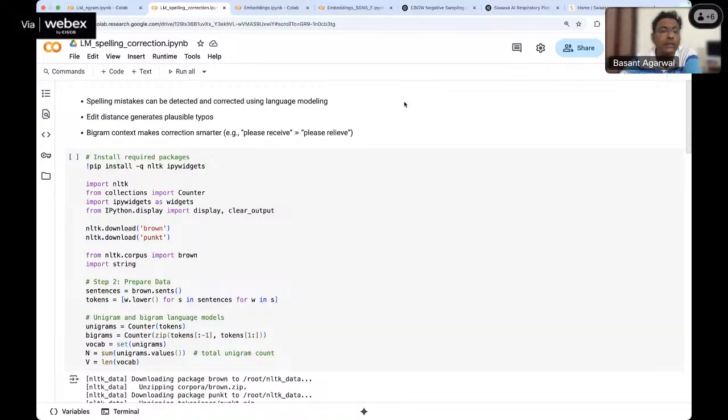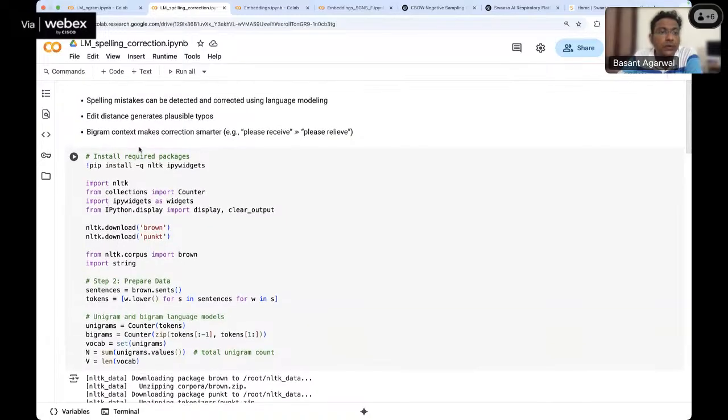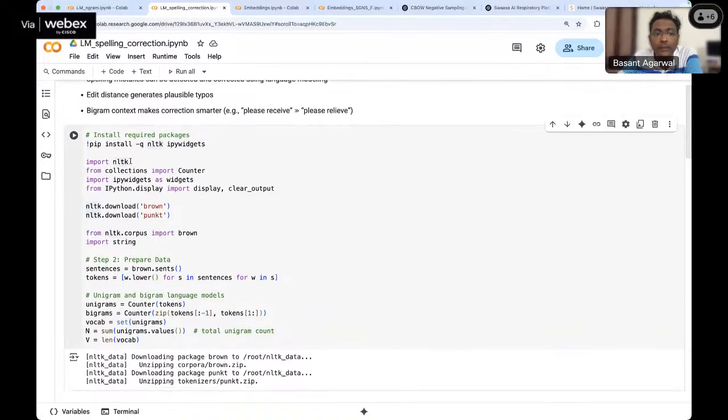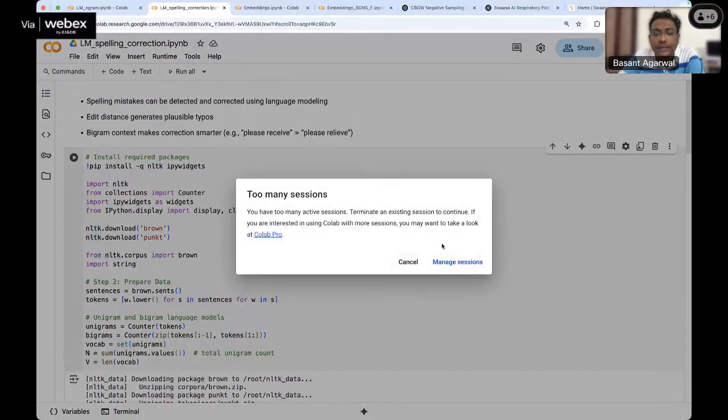Okay, so if you need, you can always use language modeling for spelling mistake detection. So again, we start with the NLTK library, and then ipywidgets is for interactive interaction with the user. Okay, and all other related libraries.